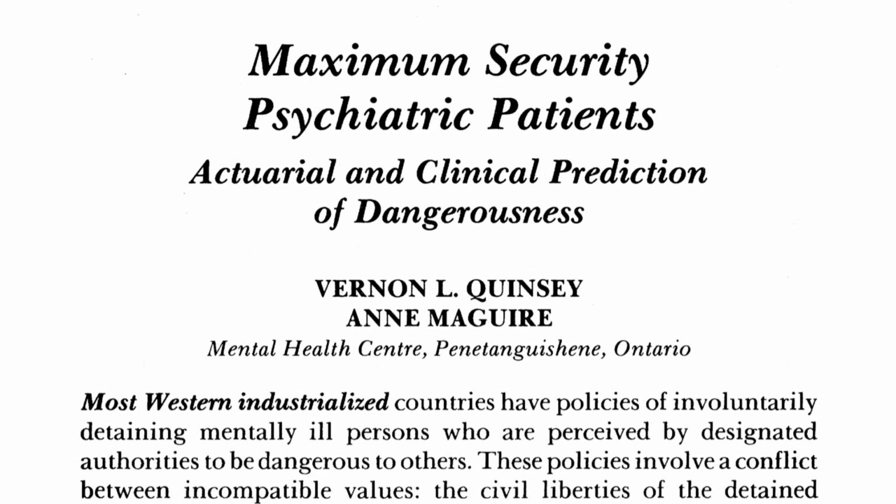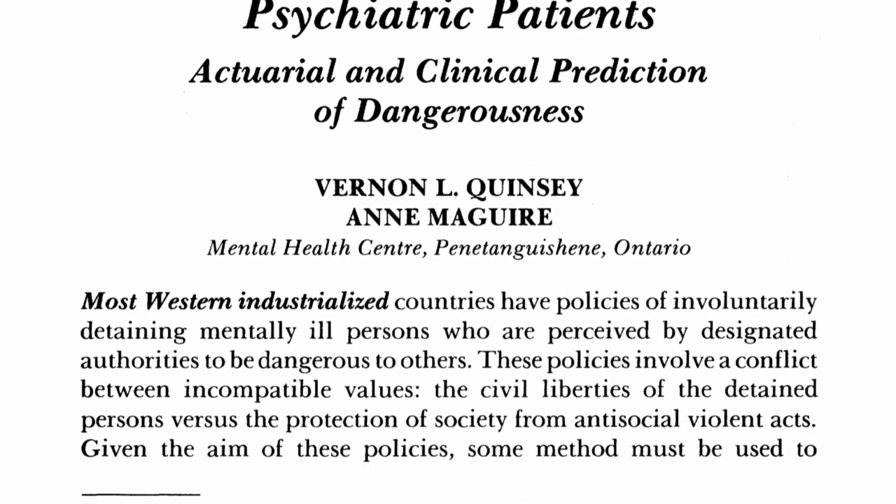For example, research by Quinsey and Maguire in 1986 found that when making decisions about parole, experienced clinicians rated the frequency of aggression within the institution heavily when assessing dangerousness. Now, aggression within the prison is in fact unrelated to reoffending or recidivism, and statistical models take this into account.